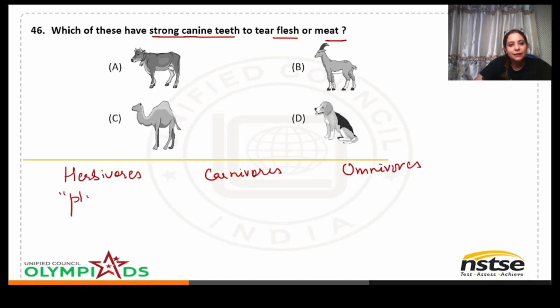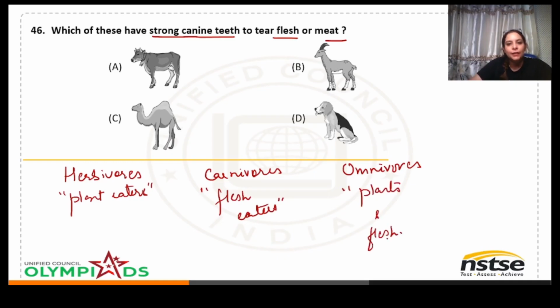Herbivores are plant eaters, that means they eat plants, grass or plant parts. Carnivores are flesh eaters, that means they feed on the flesh of other organisms. Omnivores are plant eaters also, and they also eat flesh. Now in this picture you can see that option A is cow, B is a goat, C represents camel, and D is a dog.